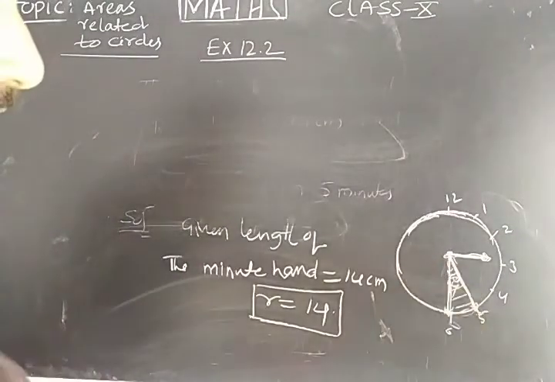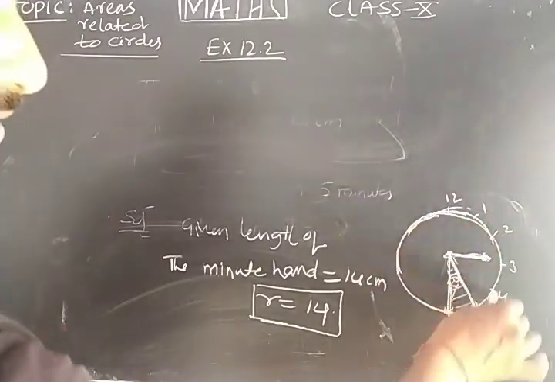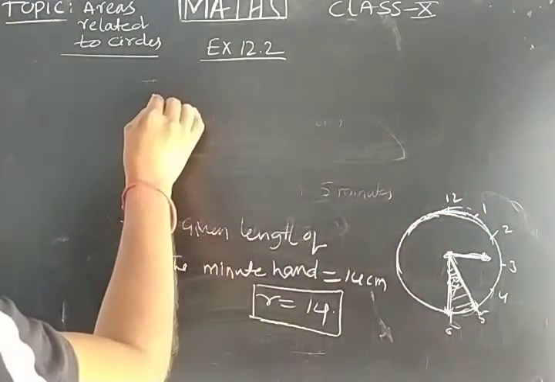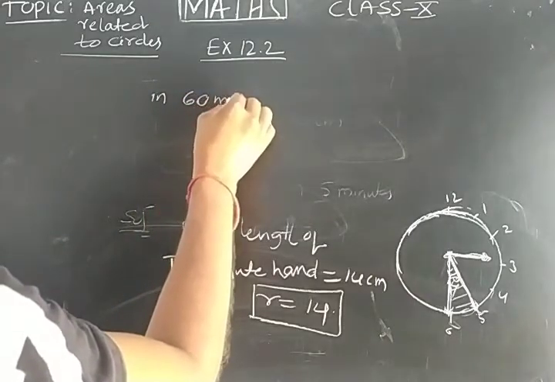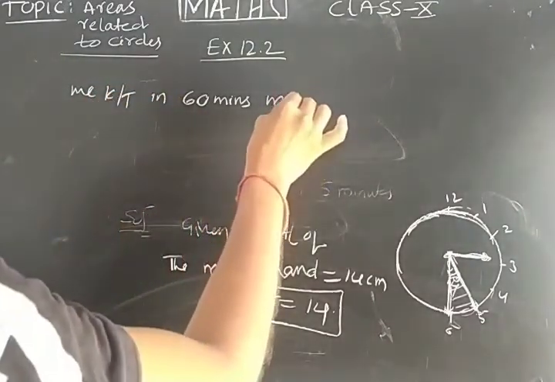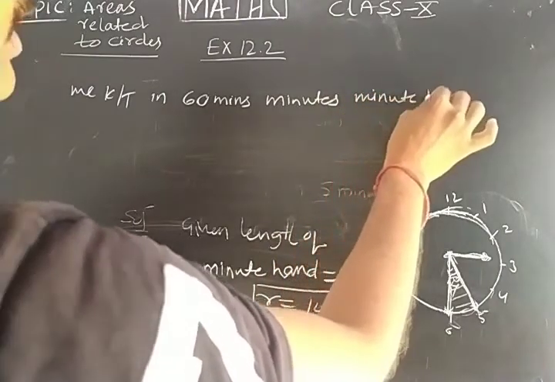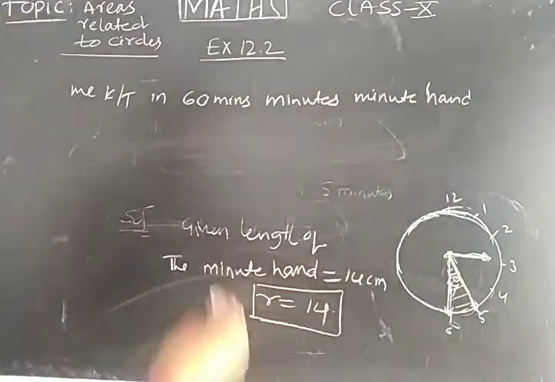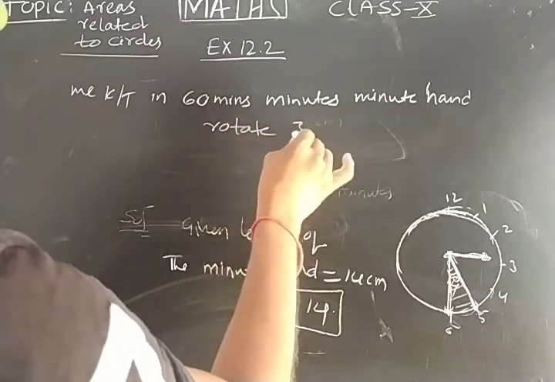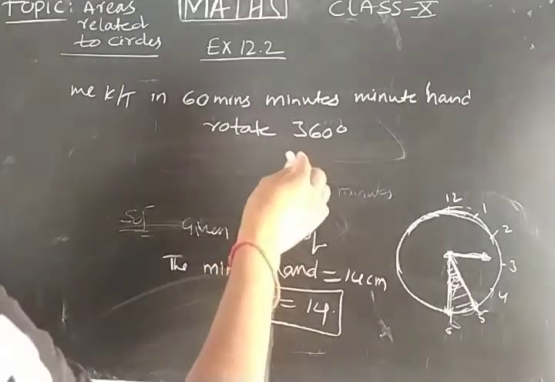Right. See, in 60 minutes, the minute hand will rotate a total circle. It will sweep the total circle. So we know that in 60 minutes the minute hand rotates 360 degrees.